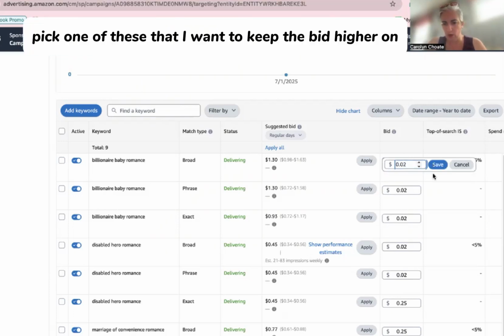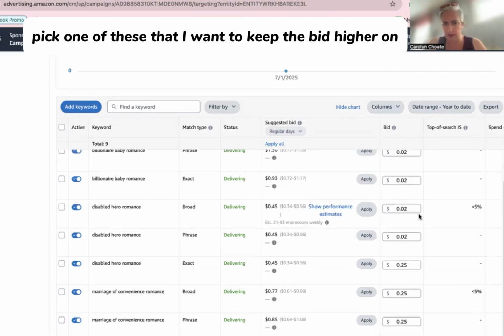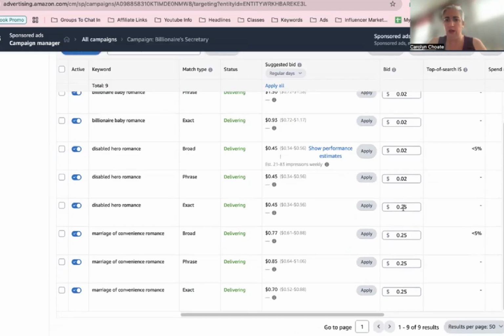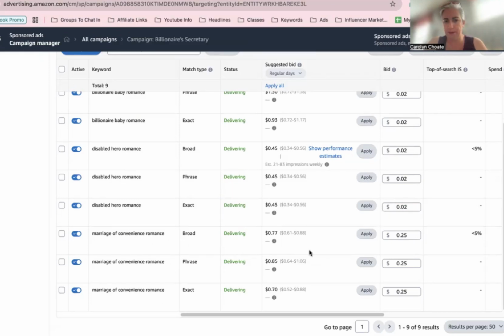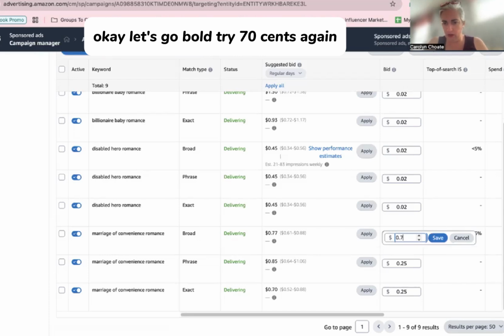So I think I'm going to pick one of these that I want to keep the bid higher on. And probably one of these. Okay, let's go bold.